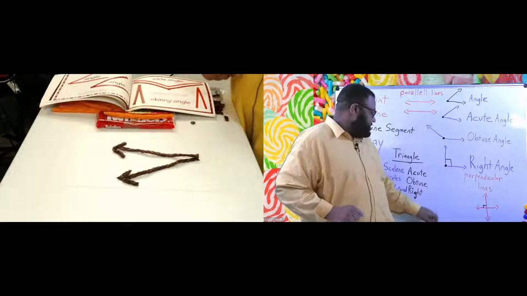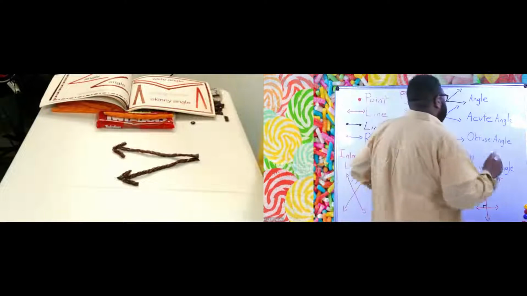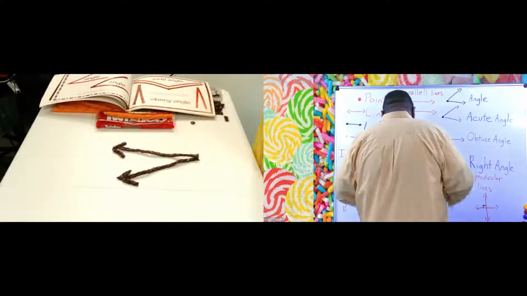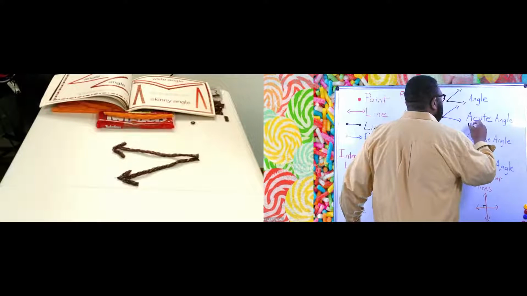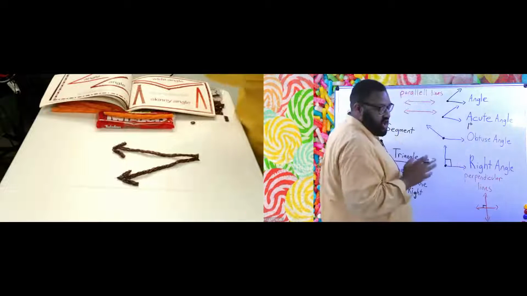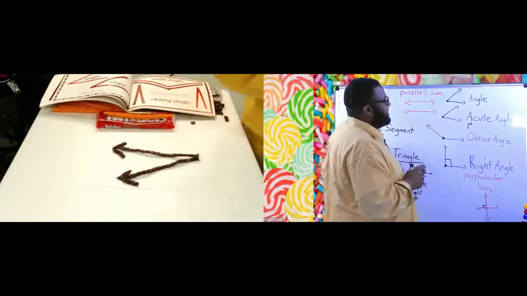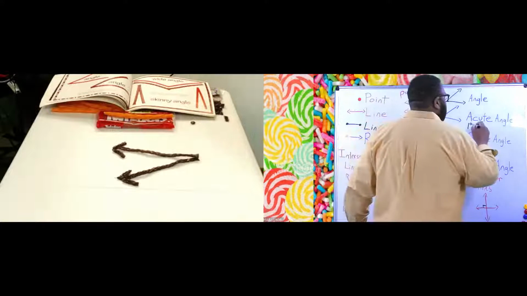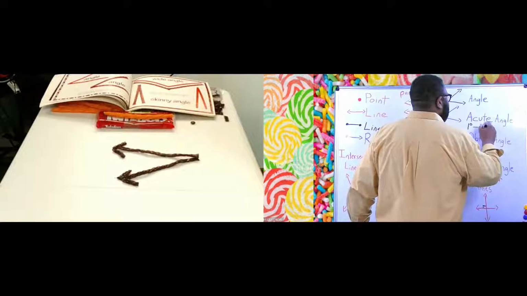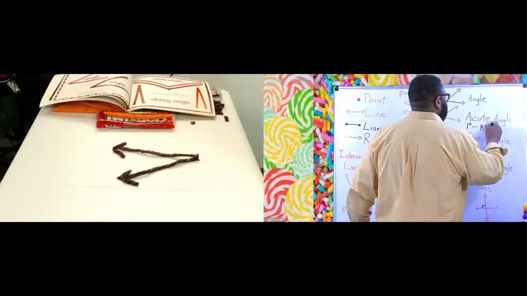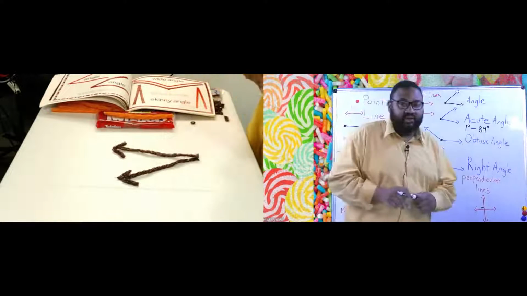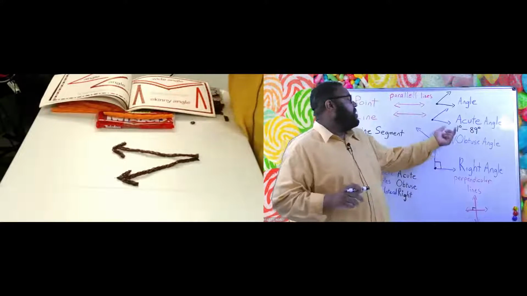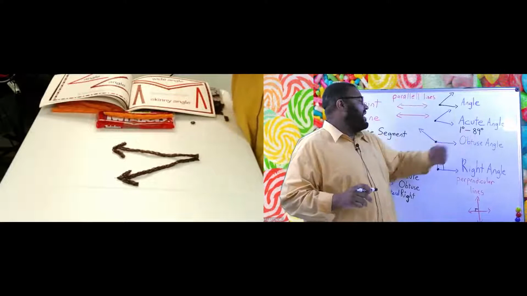Acute angles start out at 1 degree, because we measure our angles in degrees. So you go from 1 degree to 89 degrees. Okay? That is what an acute angle is. It goes from 1 degree all the way to 89 degrees.